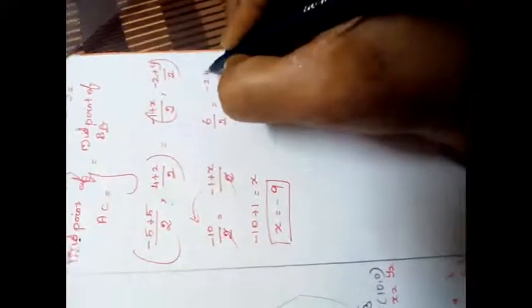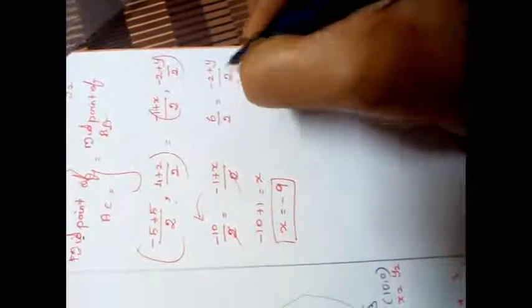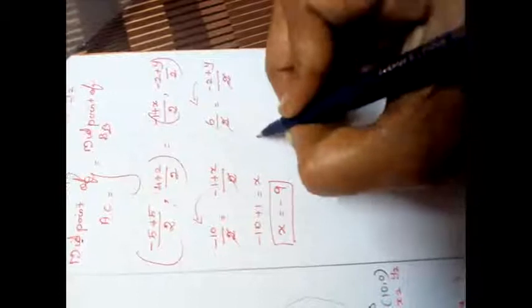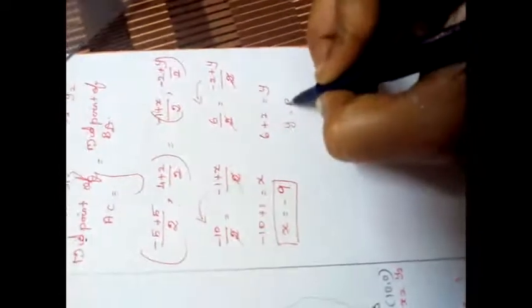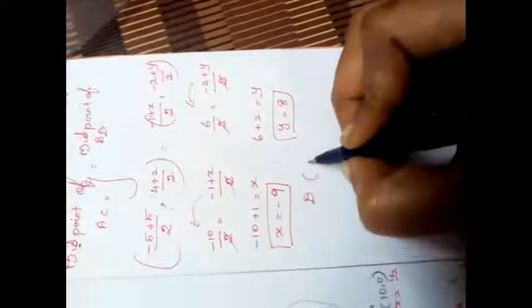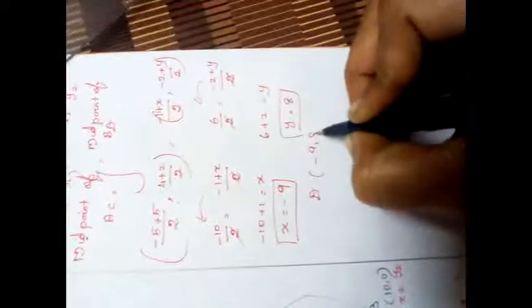And here y: 4 plus 2 is 6, by 2, is equal to (minus 2 plus y) by 2. 2 cancel. Minus 2 goes to the opposite side as plus 2. So 6 plus 2 is equal to y. Y is equal to 8. Therefore, the vertex D is minus 9 comma 8.